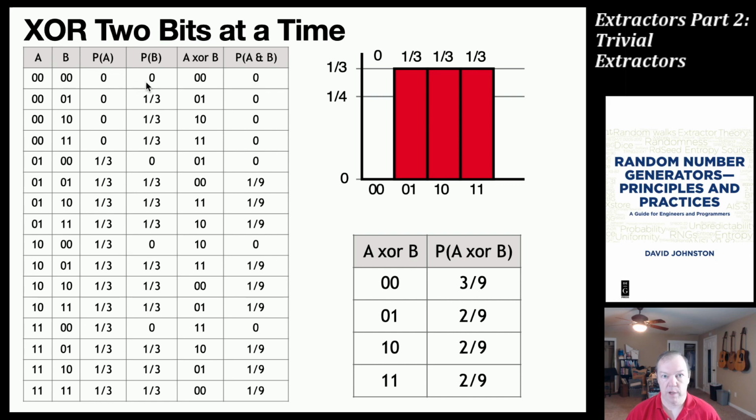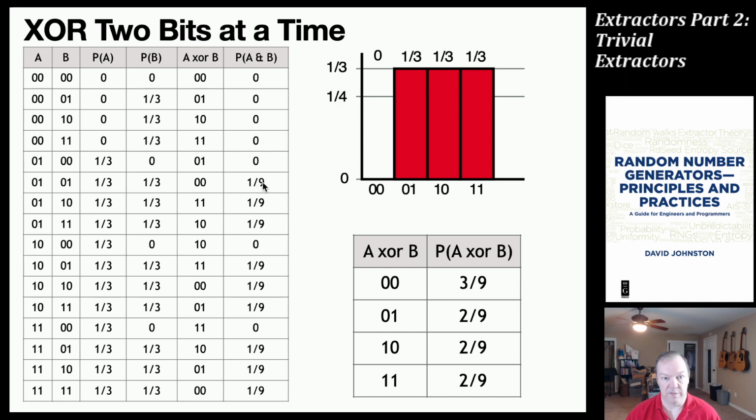So we plug in the probabilities. The probability of getting 0, 0 is 0, because in the distribution we never get a 0, 0. So the probability of getting these patterns out from these inputs is 0. It's not going to happen. But the other patterns have some probability, a third each.